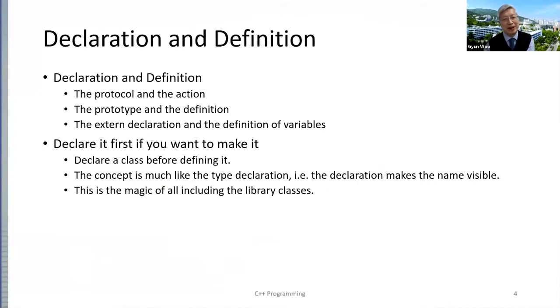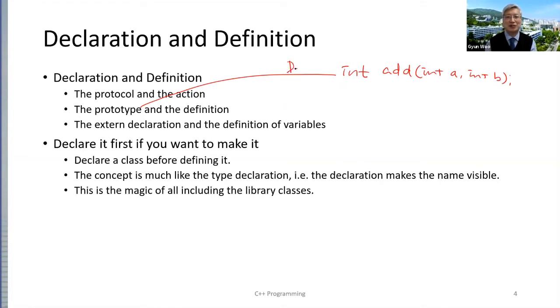So protocol and action. Protocol of a function is some procedure for how to do it, and action is the actual thing that obeys the protocol. That is somewhat like a prototype, which is a declaration. Prototype of a function: my function add accepts two integer parameters a and b, and then returns the result.